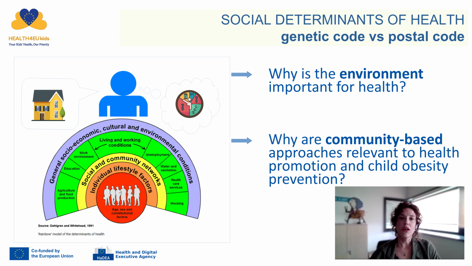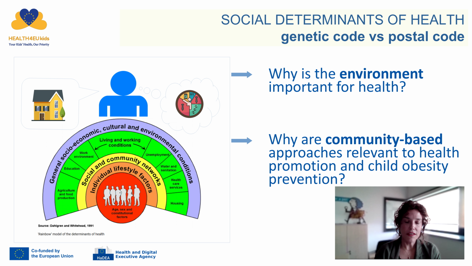We will firstly talk about why the environment is important for health. In this rainbow model of the determinants of health, you can see that we have a predisposition to develop some kind of illness due to our age, sex, and constitutional factors.